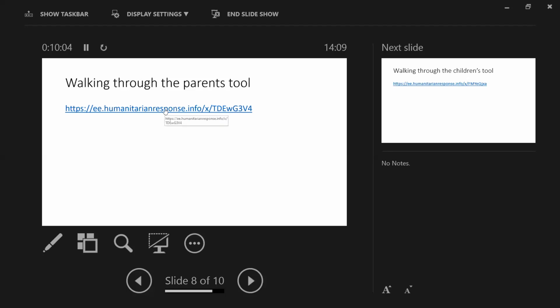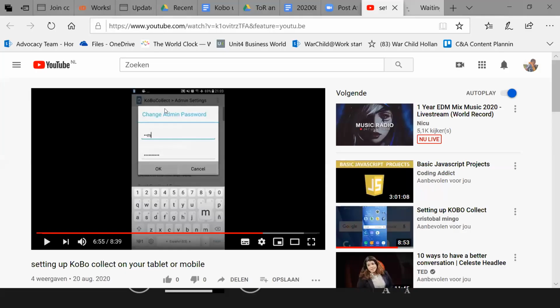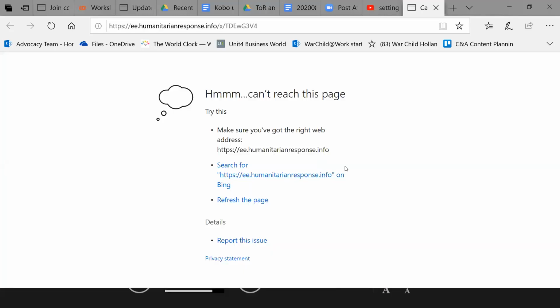Okay, so I will try and start with walking through the parents tool first. I have to stop sharing my screen, I guess. Oh, I cannot. For whatever reason, it's not working.